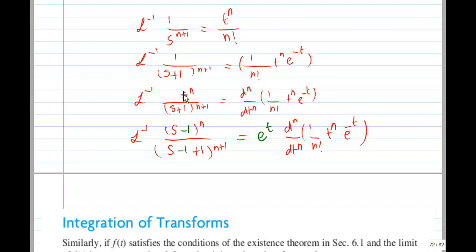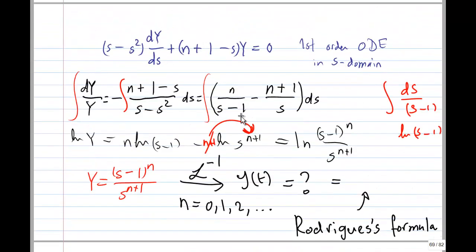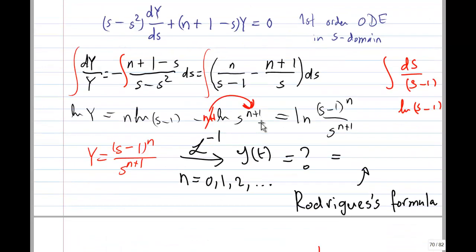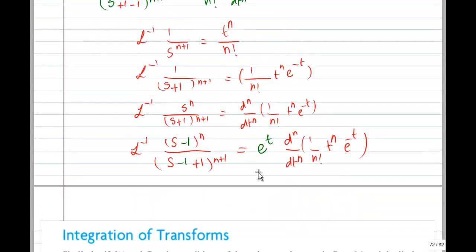But there was also s to the n minus 1 times the initial condition minus s to the n minus 2 times the derivative at t equals 0, right? All those initial conditions. Well, this is assuming basically that all the initial conditions are 0, so all the small y of t is basically 0 initially. Okay, so that's why.